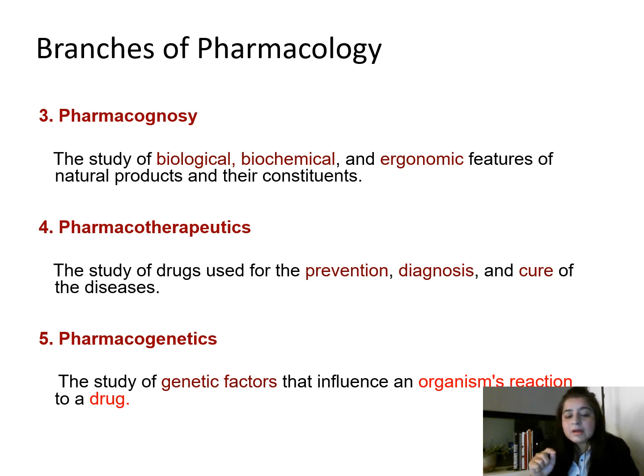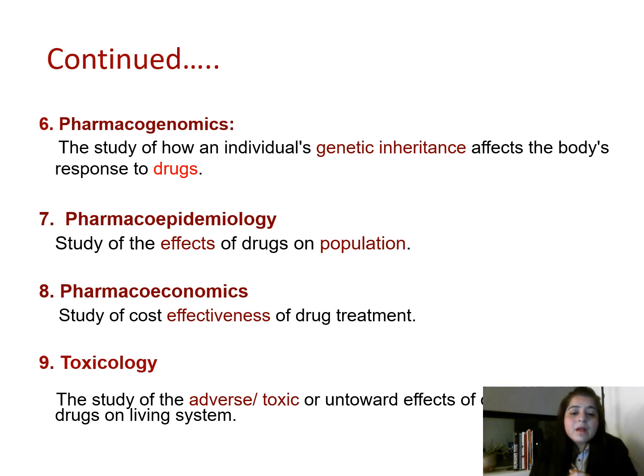The effect of a drug on the genes of a human being we study under pharmacogenetics. Another branch of pharmacology is pharmacogenomics, in which we study whether the drug is bringing a change in the inheritance pattern of a living being.